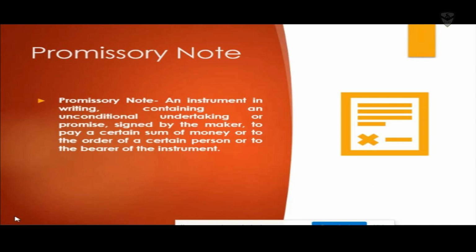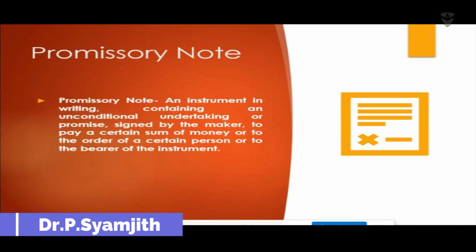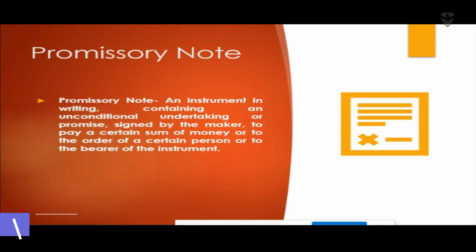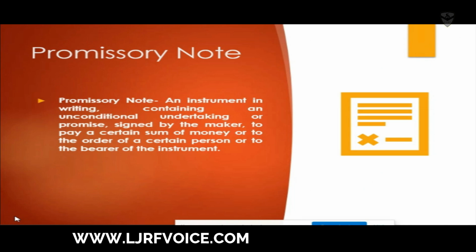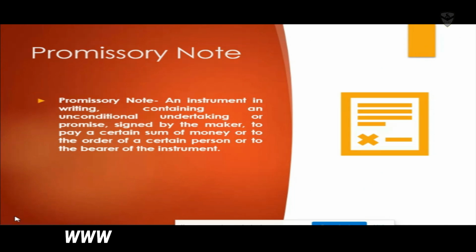Now, what is a promissory note? A promissory note is an instrument in writing containing an unconditional undertaking or promise signed by the maker to pay a certain sum of money to a certain person, or to the order of a certain person, or to the bearer of the instrument. So basically, a promissory note is an instrument in writing. It contains an unconditional undertaking or promise.